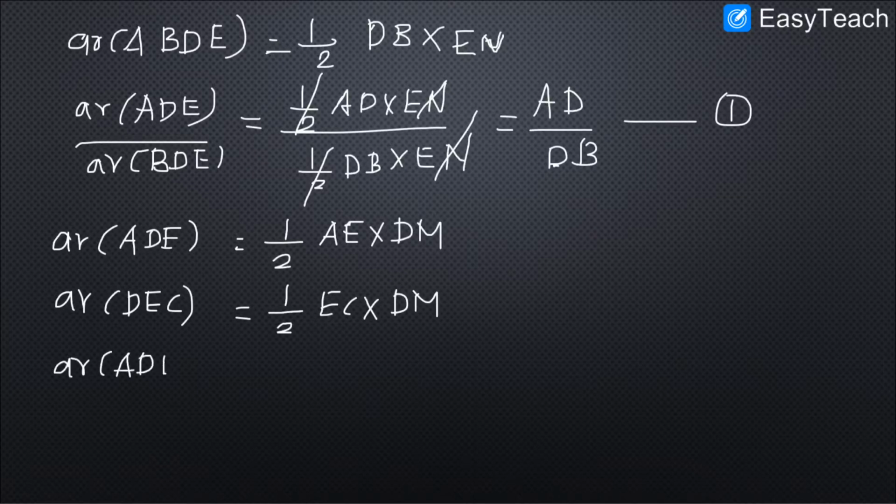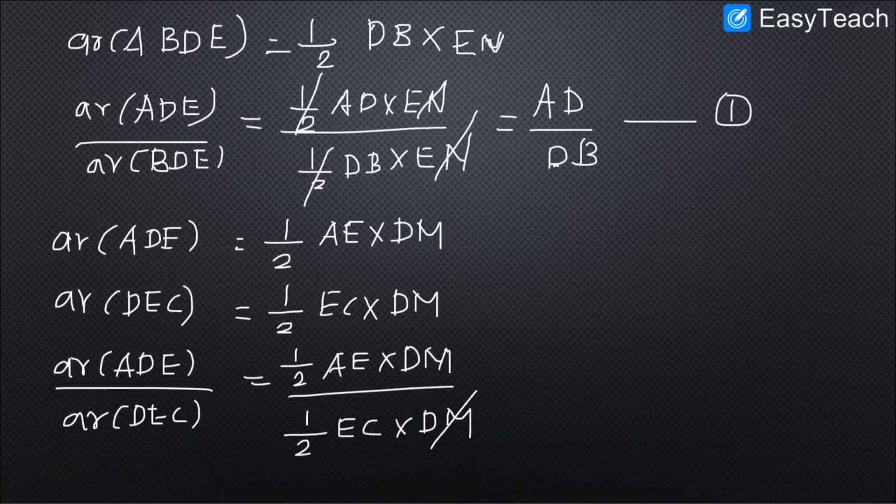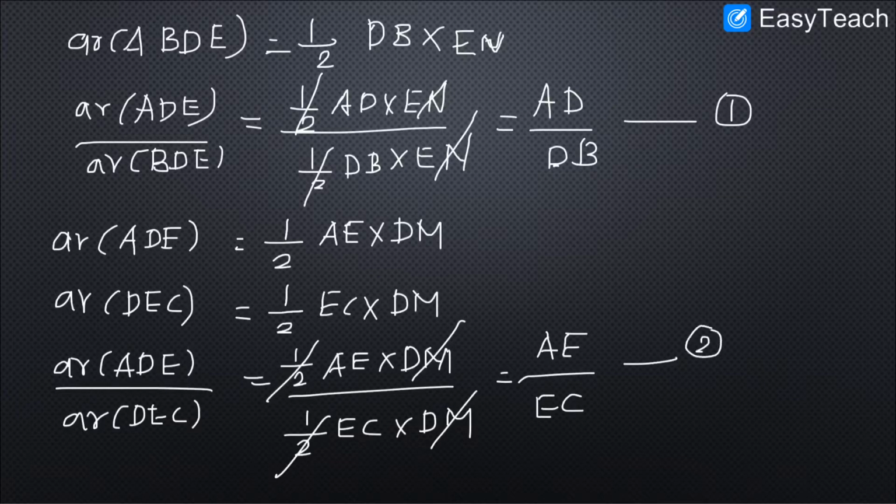Let's divide these two. Area of ADE and area of DEC equal. Next step we can cancel half half and the remaining is AE upon EC. Assume this as the second equation.